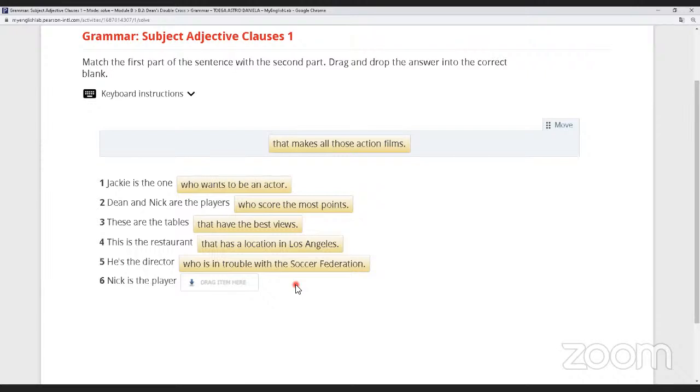Nick is the player that makes all those action films. Okay, so do you want to modify something?